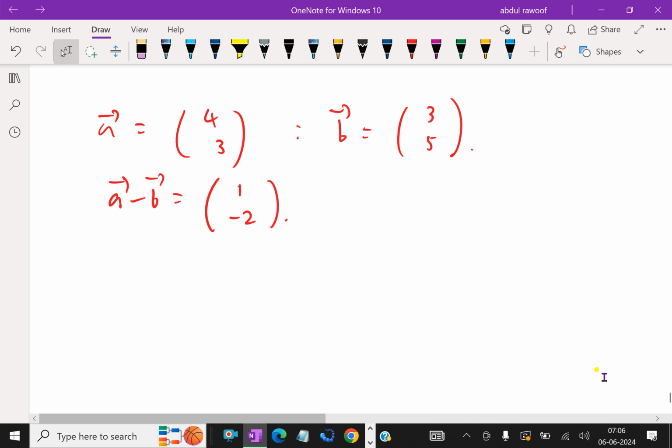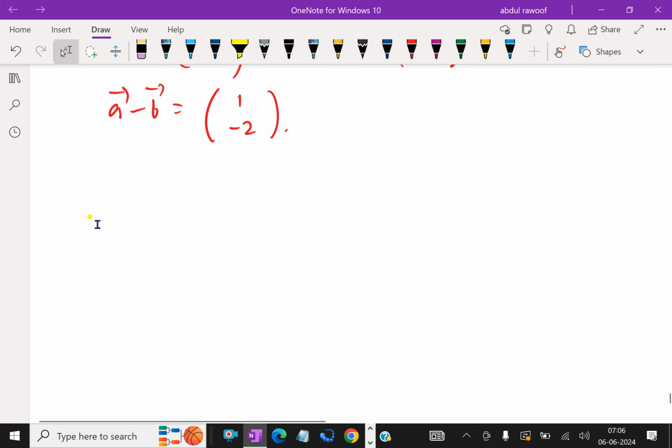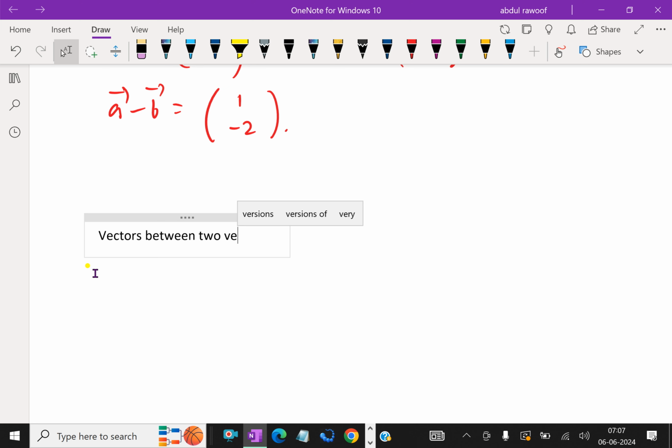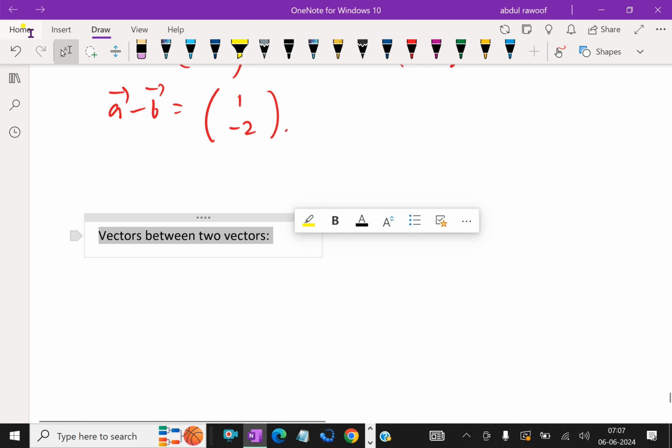Next one, vector between two points. Here we have to calculate the vector between two points.